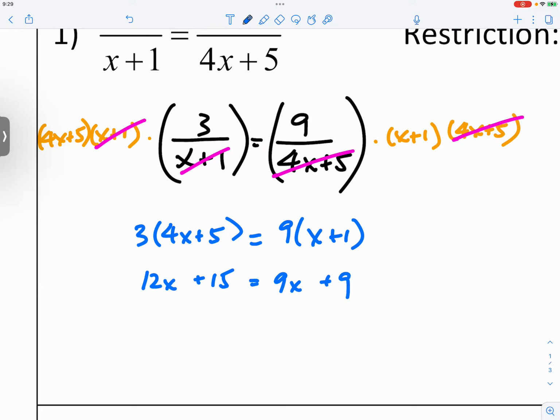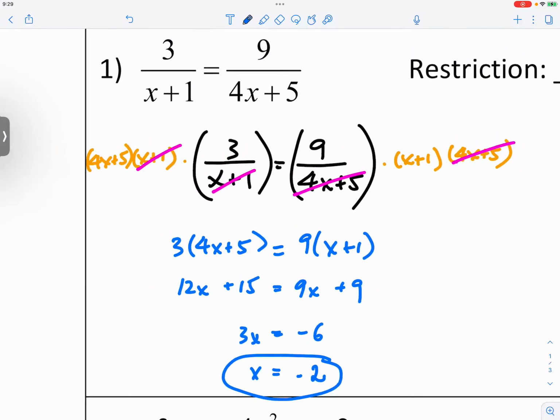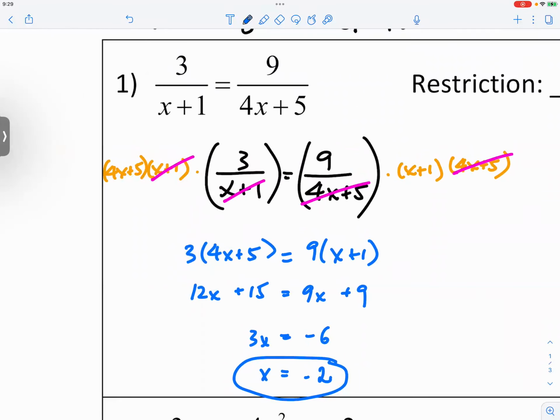So then we just have something very simple to take care of. Okay, a simple algebra 1 level question. How do you find x from this point? You just combine like terms. So you find out x is equal to -2. And this is our solution that will make the original statement true.